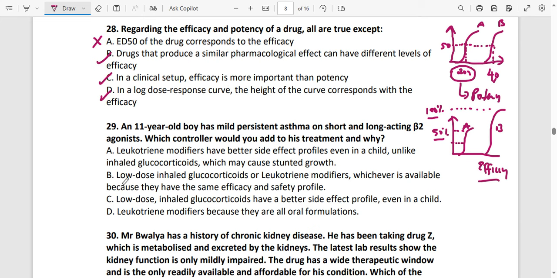B. Low dose inhaled glucocorticoids or leukotriene modifiers, whichever is available, because they have the same efficacy and safety profile. C. Low dose inhaled glucocorticoids have a better side effect profile even in a child. D. Leukotriene modifiers because they are all oral formulations. Anyone that can help?